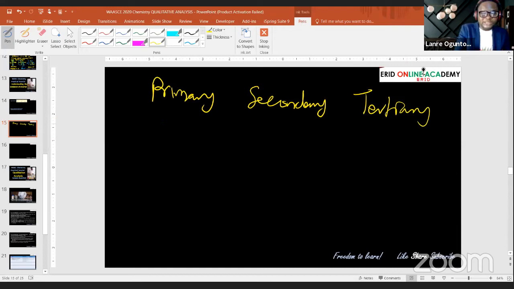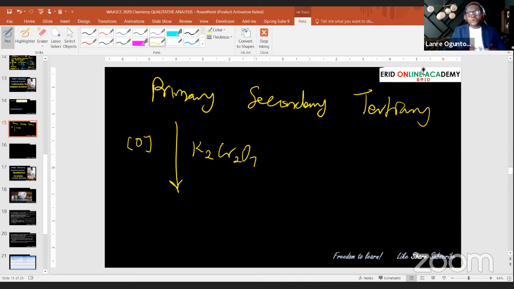Our focus now is oxidation. When you add an oxidizing agent, the oxidizing agent you will be using in this particular experiment is potassium dichromate(VI). Potassium dichromate is the oxidizing agent you'll be using.